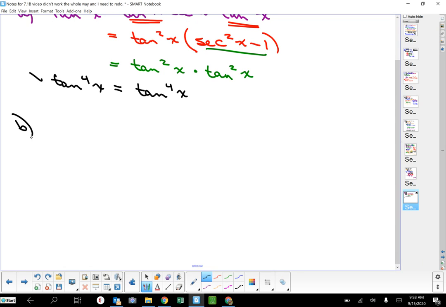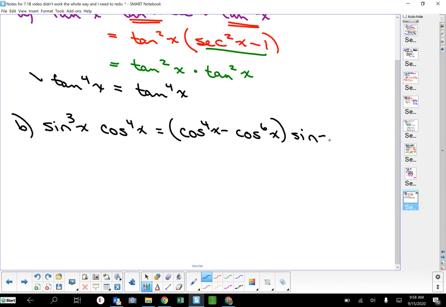Okay. And part B is a little bit wackier, but it's something that you should see because you definitely have to do it in a problem somewhere. So sine to the third, or sine cubed x times cosine to the fourth x is equal to cosine to the fourth minus cosine to the sixth times sine of x.